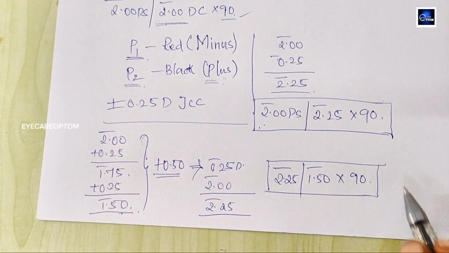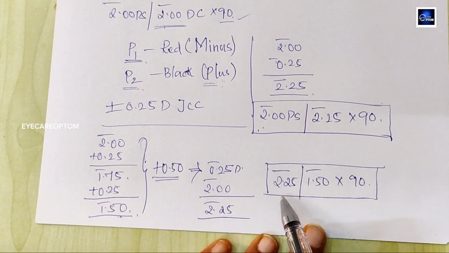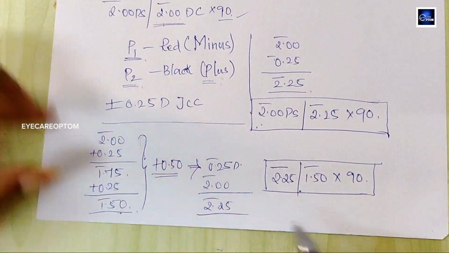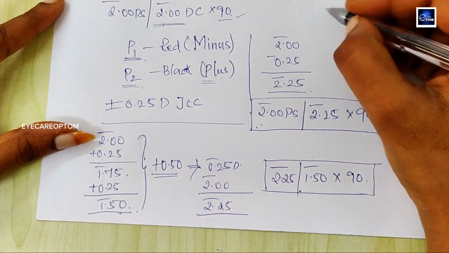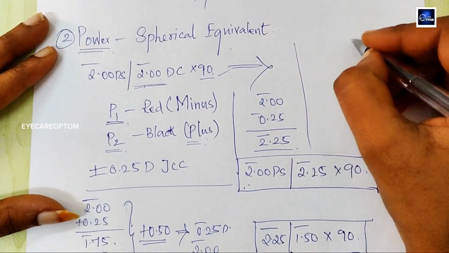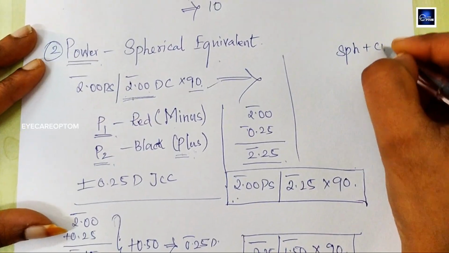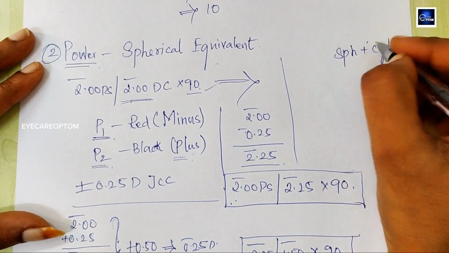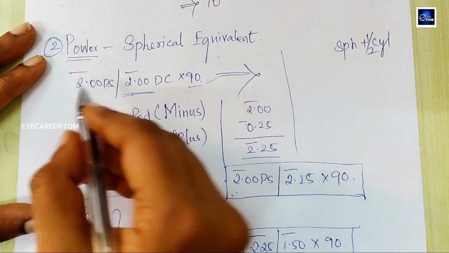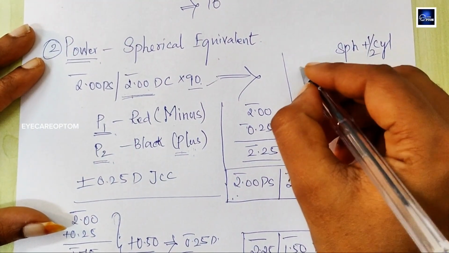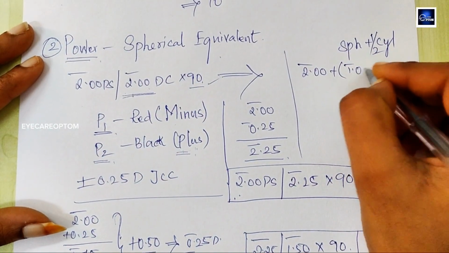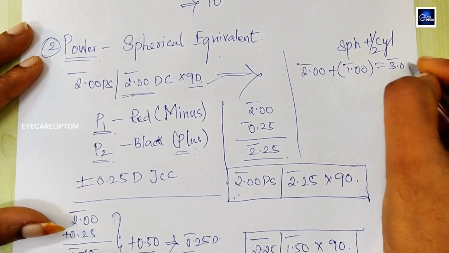So this is going to be my final refined power. And here, if you want to confirm whether the spherical equivalent is maintained throughout the prescription or not, you can just calculate your spherical equivalent for before and after refinement prescription. Let's calculate for this. The formula we know: sphere plus half of the cylinder. So the sphere is minus 2 diopter plus half of the cylinder is minus 1, which is going to be minus 3 diopter.